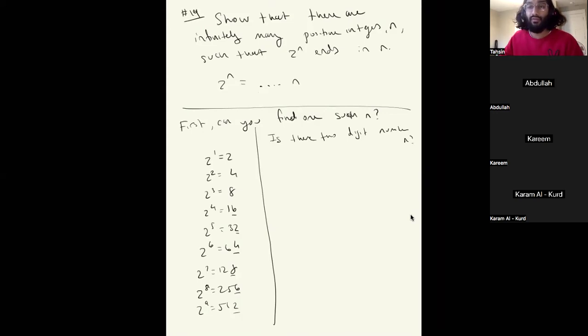So maybe I'll say if there were such a number, so we want some number n, n is like a and then b, so 2 digits. 2 to the n, we want to say it ends in n, right? So we want to say 2 to the n is congruent to n modulo 100, right? So this is what we're looking for. So n is a two-digit number, so that 2 to the n is congruent to n mod 100.